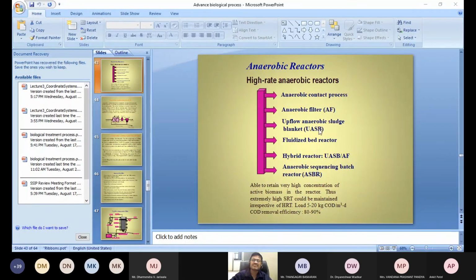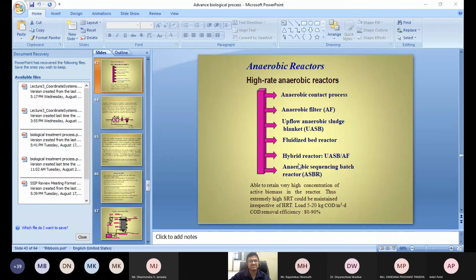Sir, one question: is there any rise in temperature during this process? Yes, temperature should be around 25 to 35 degrees Celsius, generally in all the systems. In anaerobic systems, there is one other temperature range, thermophilic digestion, which can happen at around 45 to 60 degrees Celsius. But generally, at the ambient temperature we have, 25 to 35 degrees Celsius, this process is happening.